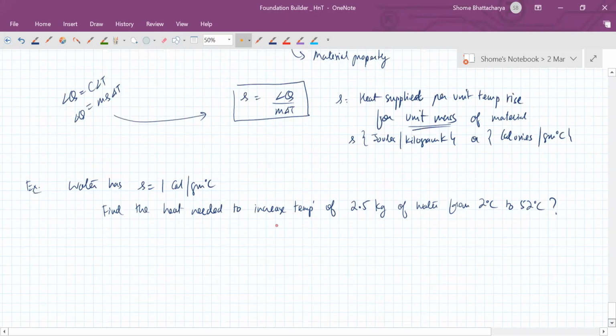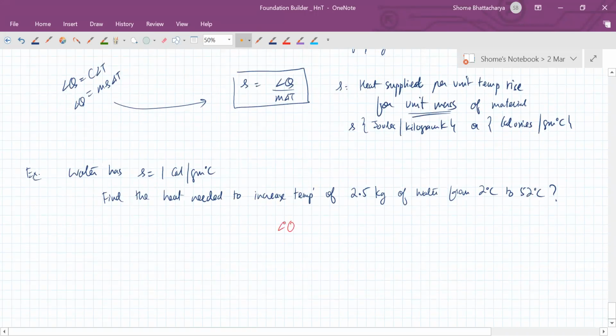So you can see here for this we have to just use the formula that the heat supplied is this. So you can convert this to grams because specific heat capacity is given in calories per gram.